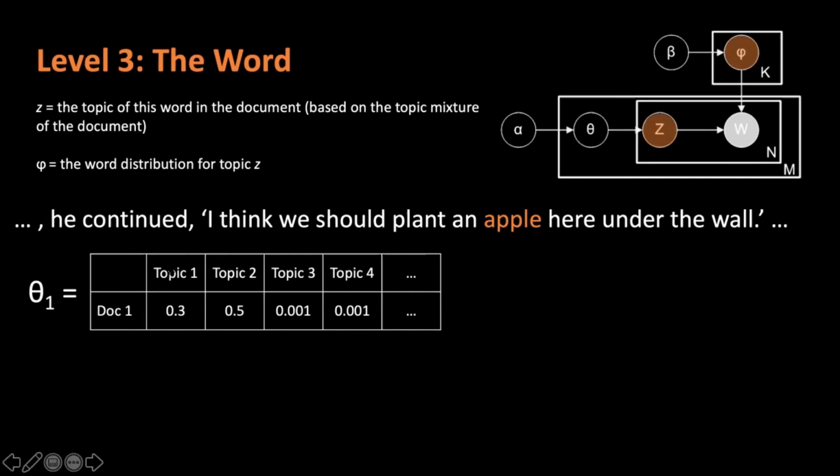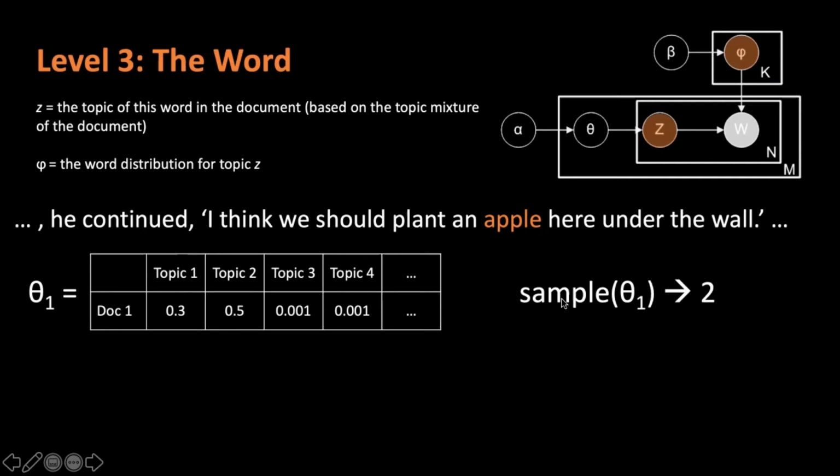And you'll see that the most likely thing is that this word is either in topic 1 or topic 2. So it uses a sampling function, which randomly generates a number based on these input probabilities. And this sampling function will tend to output 2 about half the time, and tend to output 1 about 30% of the time, tend to output 3, 0.1% of the time. It takes the input probabilities and spits out a number based on those probabilities.